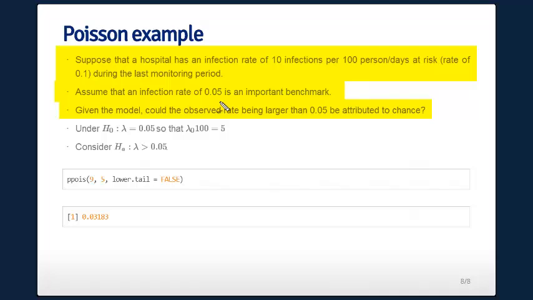So given the model, could the observed rate being larger than 0.05 be attributed to chance? That's what we want to test.